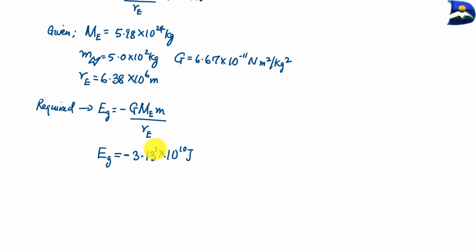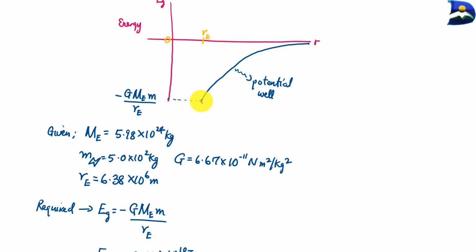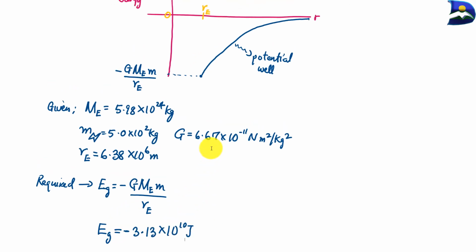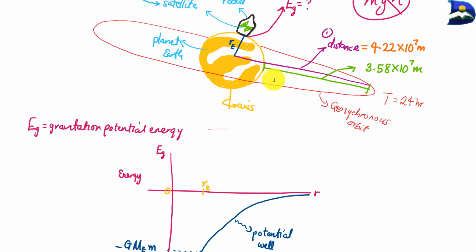Take note that this is the energy that is binding our satellite to Earth's surface. Therefore, in order for our satellite to completely leave the potential energy well, the rocket must provide a value that is way greater than this number in order for it to successfully, at some distance r from Earth's surface, get to this particular ideal location and be bound to that location.